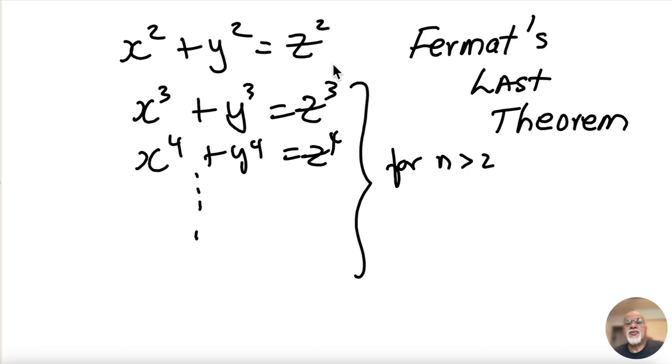And he proved that beyond the Pythagorean one, there are no solutions. Fermat couldn't have had a solution, certainly not the one that Andrew Wiles provided, because his proof was over 400 pages of typewritten text, which he did on a typewriter, by the way.